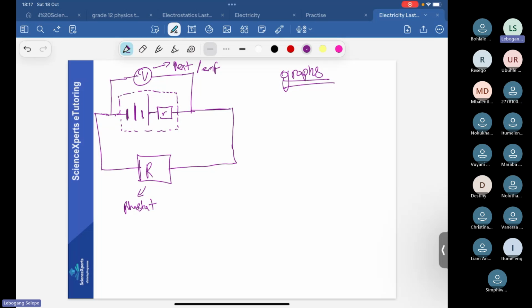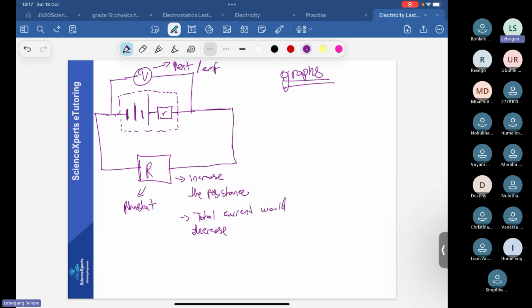So think about it. The total current, let's say I increase the resistance here. I keep on increasing the resistance, then the total current would decrease.